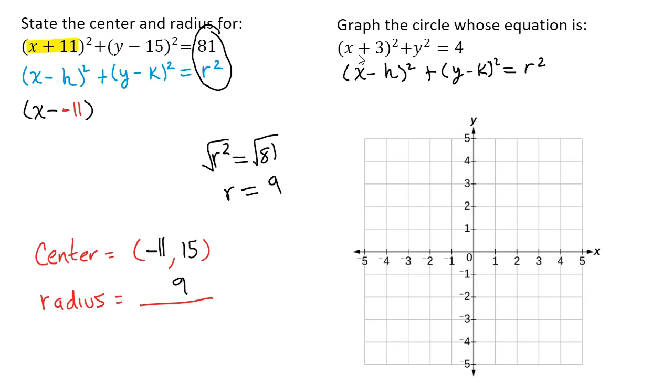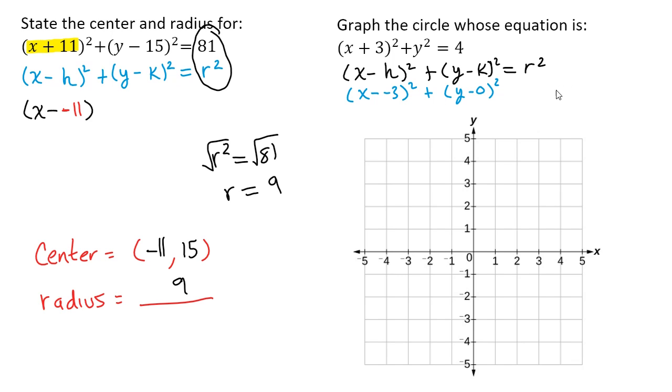Since I have x plus 3, the only way for that to happen is if I have x minus negative 3, which turns into x plus 3. So h is negative 3. Over here, y is all by itself. I'm not subtracting anything, so the only way for this to happen is if k were 0.